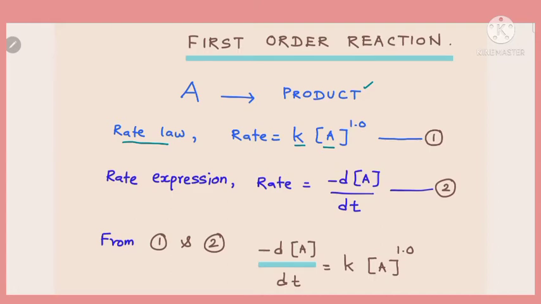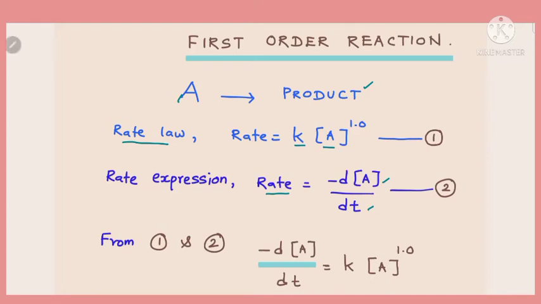Similarly, for the same reaction, I am going to write the rate expression as rate equals minus dA by dt, the change in concentration of reactant A divided by the change in time. Let me take this as equation number 2. Now look at equations 1 and 2.